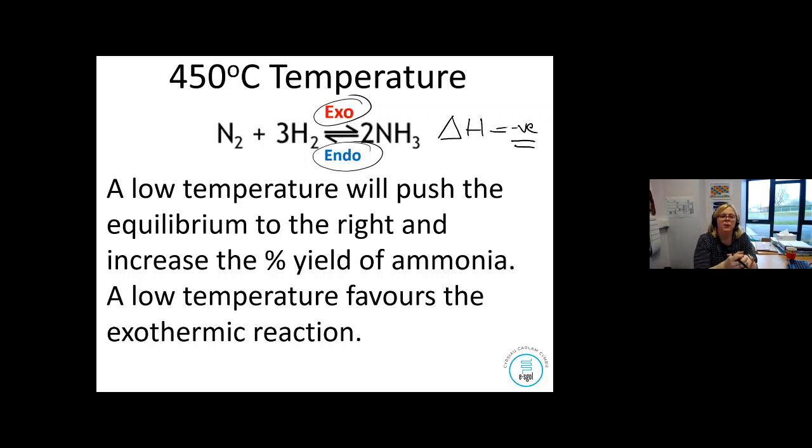So a low temperature is the one that will favour the right-hand side. If you reduce the temperature as much as you possibly can, it'll go forward a bit more than it did initially, so it increases the yield of ammonia. Great, that must mean I should do this at really, really cold temperatures, wouldn't it? Or would you? We're coming to that in a minute.